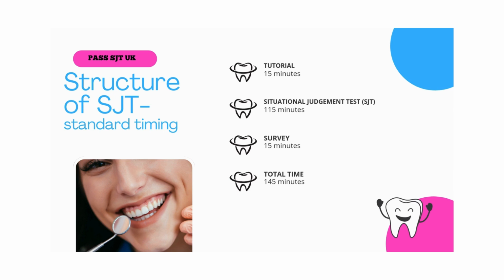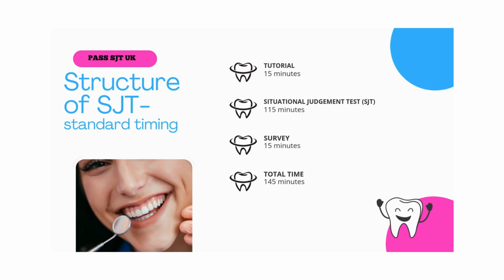Let's now talk about the structure of this SJT exam. So the standard timing, what does this mean? The timing may be adjusted in special circumstances, for which you have to take prior approval, but I'm talking here about the standard timings.